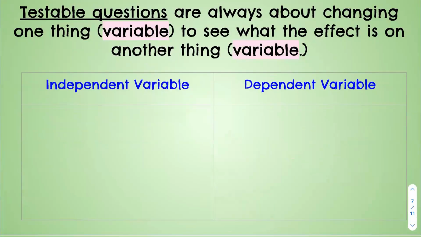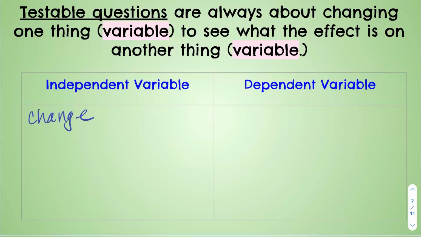Okay. So we said that testable questions are always about changing one thing to see what the effect is on another thing, and those things are variables. We're going to define two types of variables, independent and dependent. Simply, an independent variable in a testable question is the thing that you change.